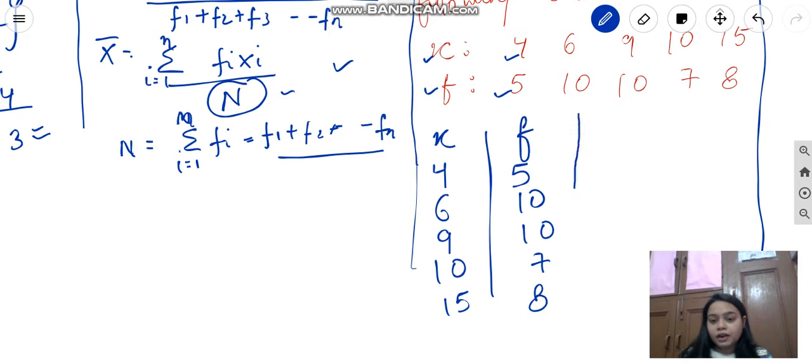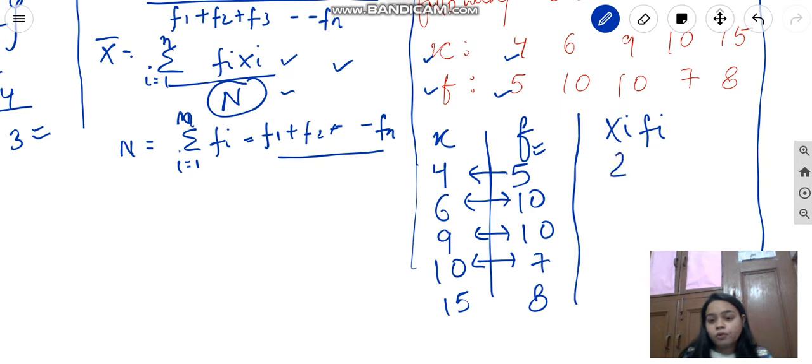Now let's look at the next step. The second step is to multiply the frequency of each row with the corresponding variable, because according to the formula we need to find fi times xi. So we have 5 times 4 is 20, 10 times 6 is 60, 10 times 9 is 90, 7 times 10 is 70, and 8 times 15 is 120.